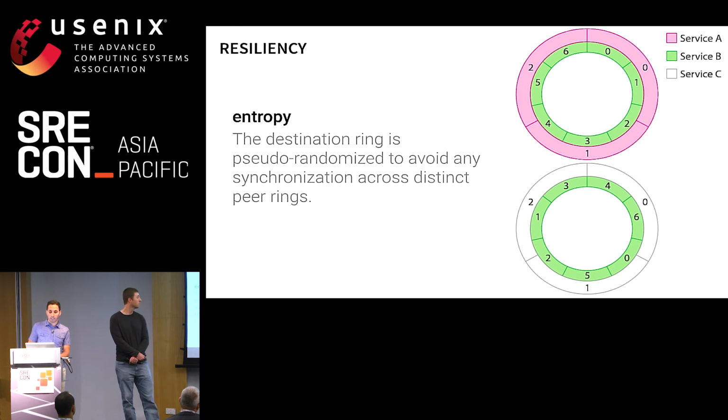Here again, we're looking at a third service, service C, that's talking to service B, and it has its own unique view of service B, such that if any instances in B go down, we don't route around it and cause concentration of load on service B. We do this using a murmur hash, and we use a murmur hash because it gives us this really nice property where we don't get any collisions on 32-bit inputs.